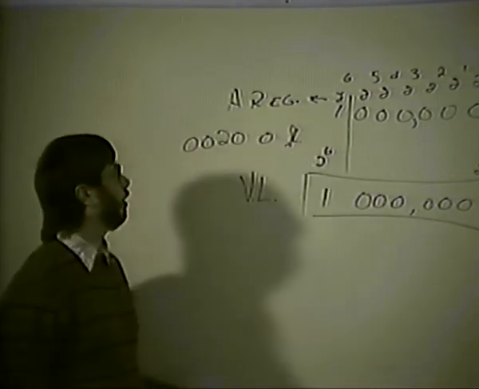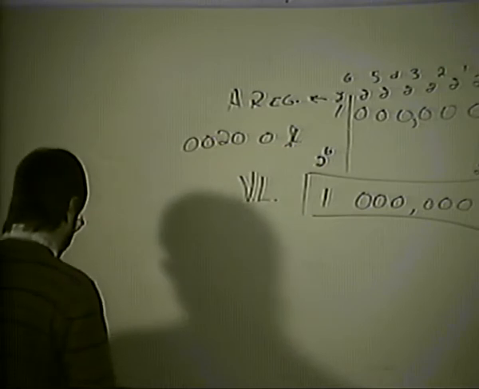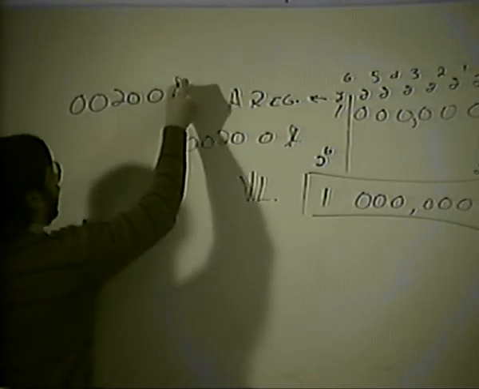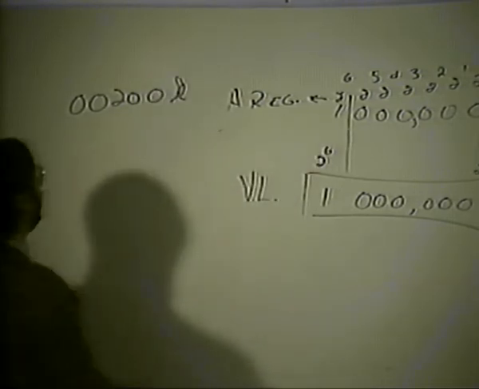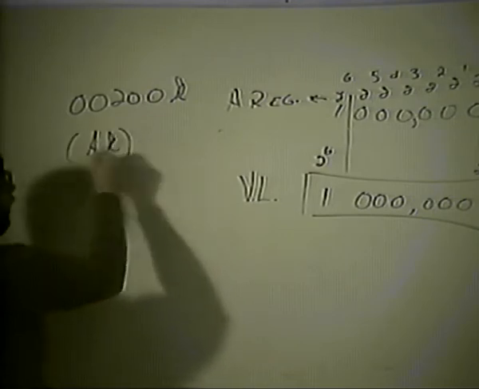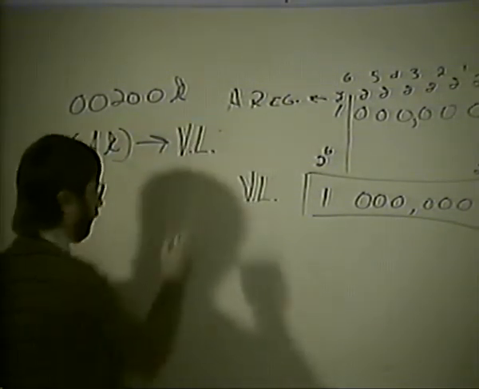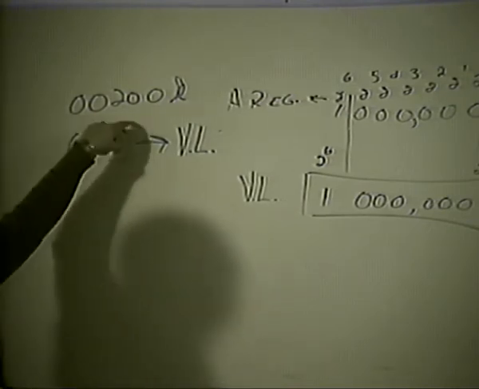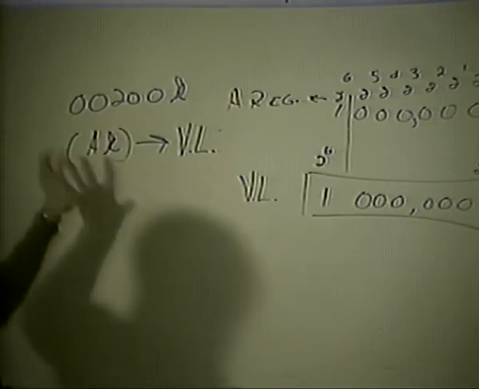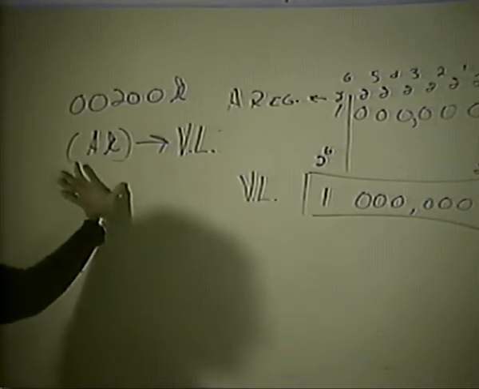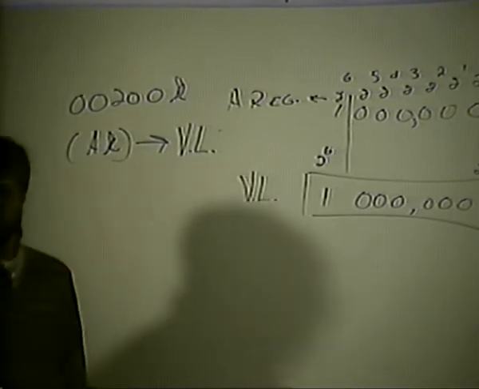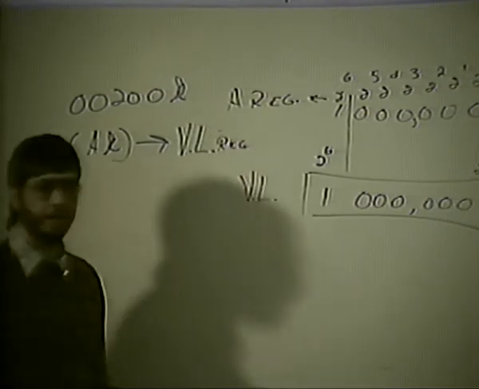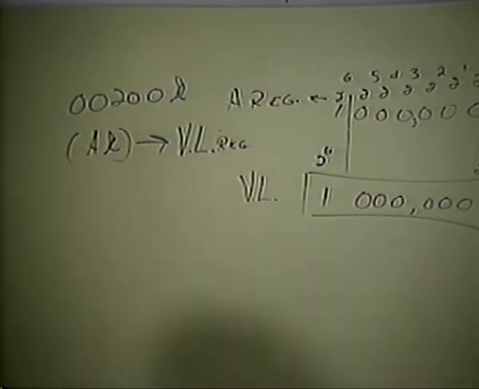In other words, if you issue this instruction, it transfers the contents of AK to vector length. So when you issue the 00200K instruction, the least 6 significant bits of the contents of AK are transferred to the vector length register. All right? Any question on that? That's all it does. It transfers 6 bits.